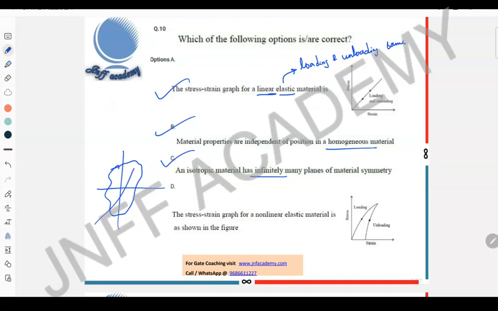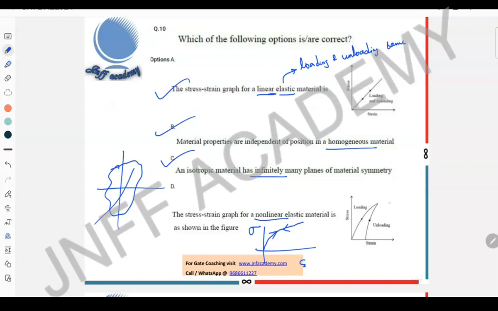Last option. The stress strain graph for a non-linear elastic material is as shown in the figure. If you look at this graph, for non-linear elastic, the graphical representation should look like this. The variation is non-linear. At the same time, the loading path and unloading path should be the same.